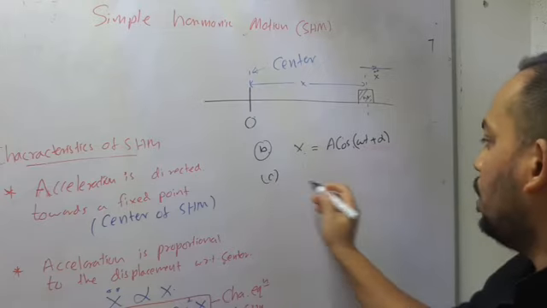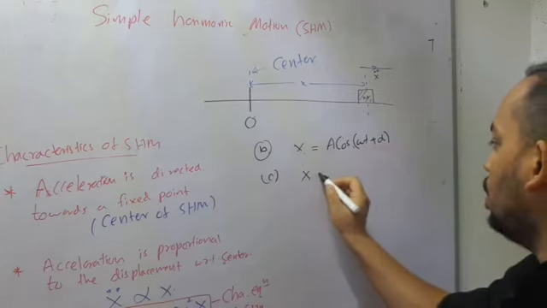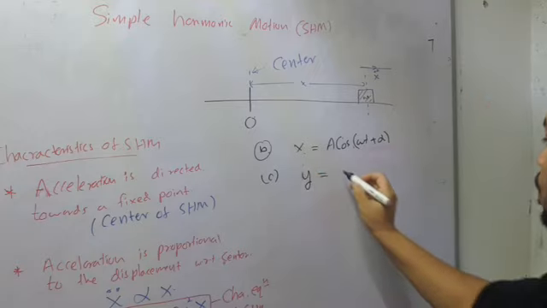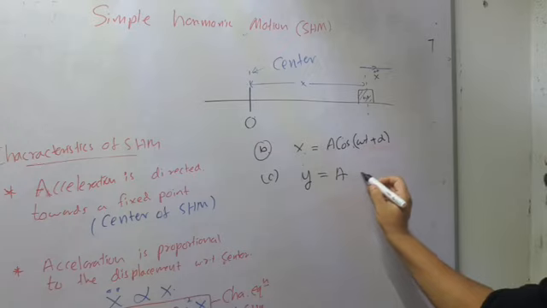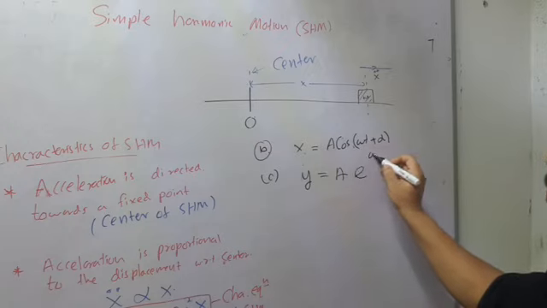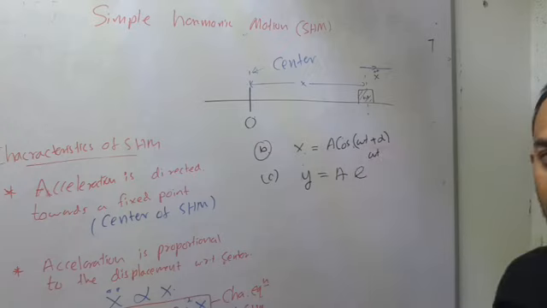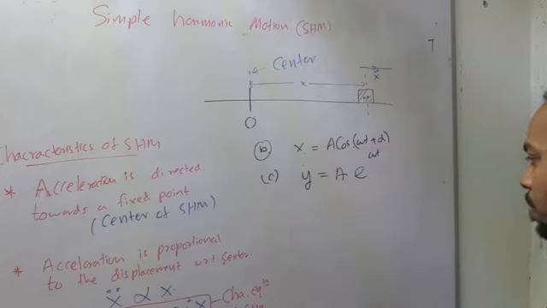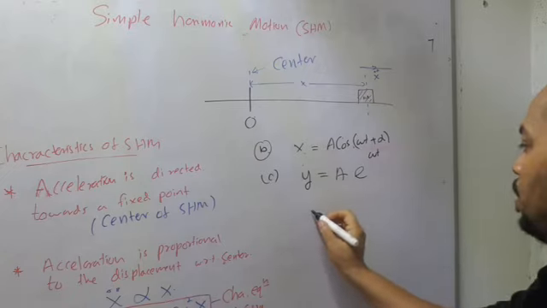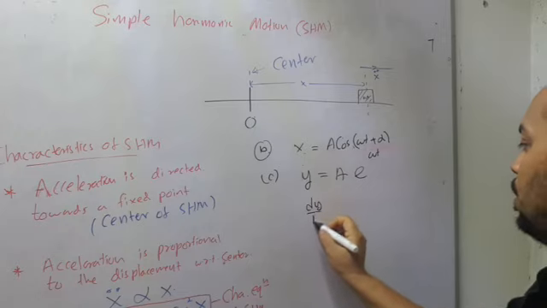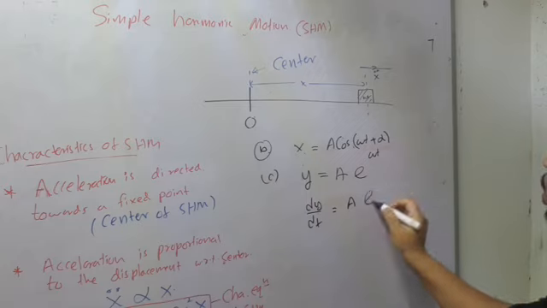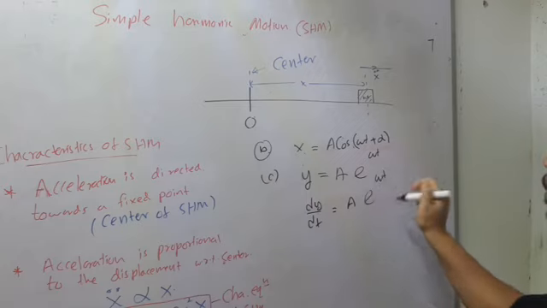Then example C, suppose I take another variable y equals a e to the power omega t. Let's see whether the motion described by this equation follows simple harmonic motion. Just take the first derivative: dy by dt is equal to a times the exponential back, but you have to multiply by omega.